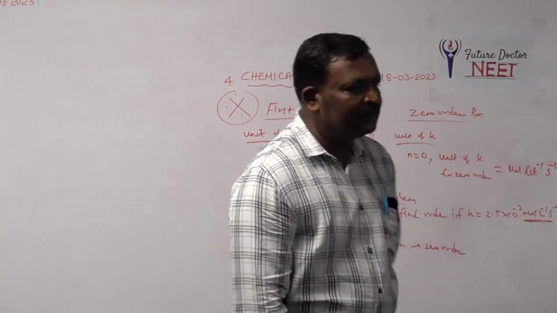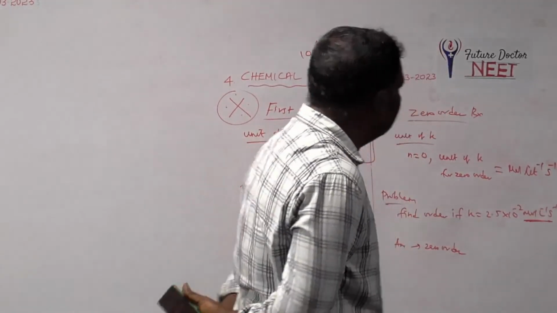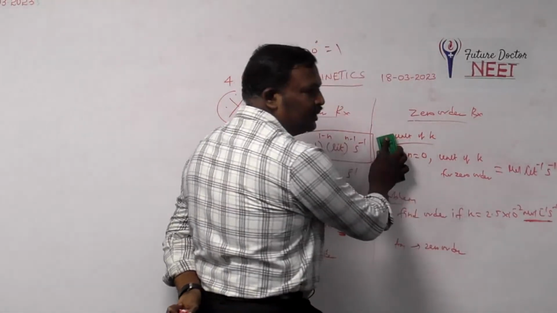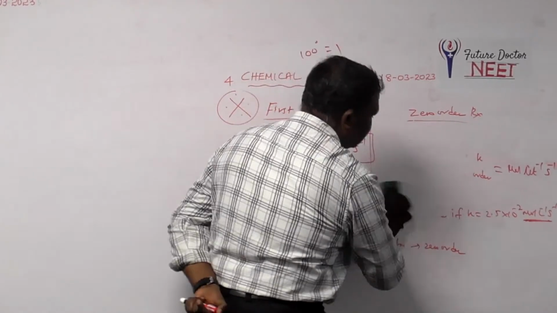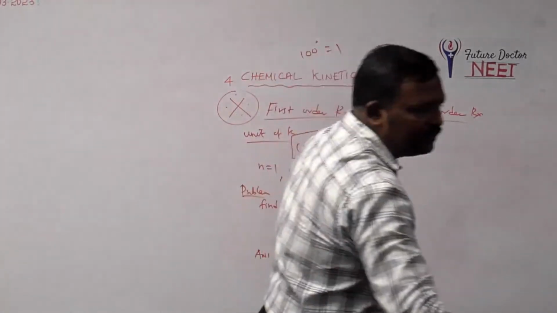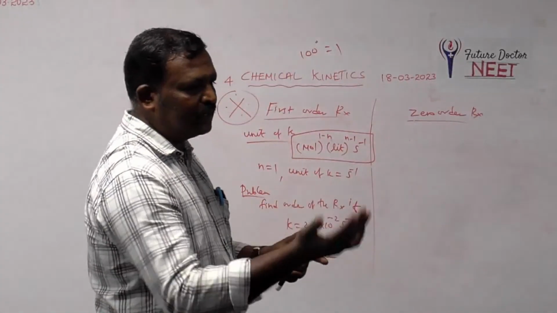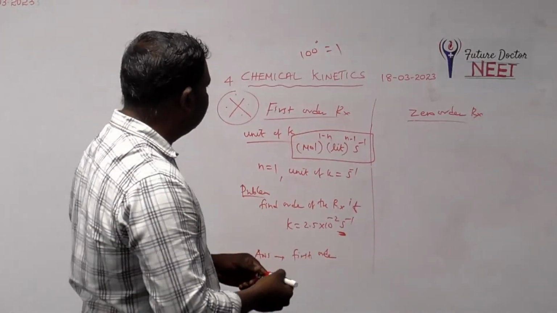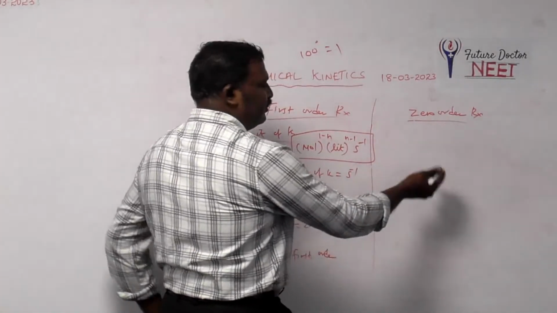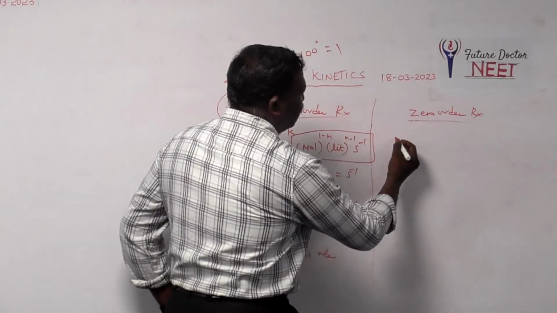What is the definition? I already gave the definition and examples. Okay, I should give only from k. Make a difference between both sides, then it will be easy to study. Okay, don't worry. Put the heading zero order, and you write one by one. What's the k value?